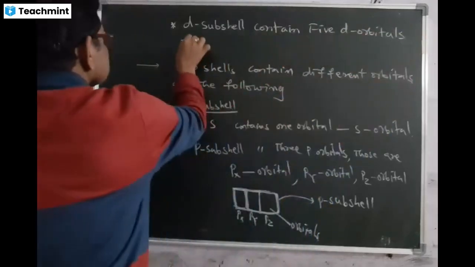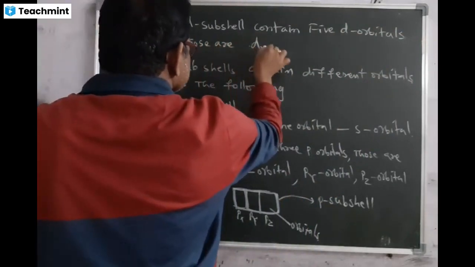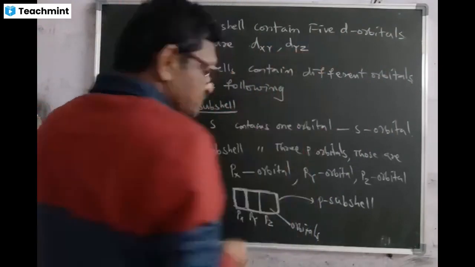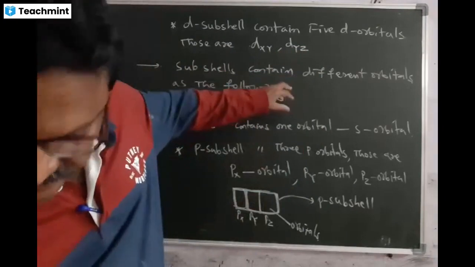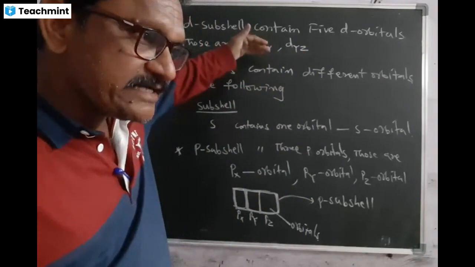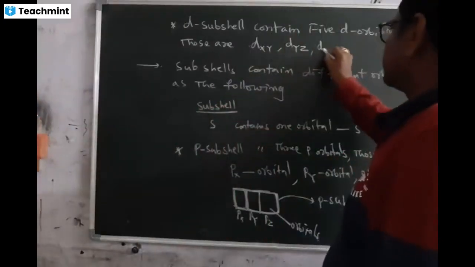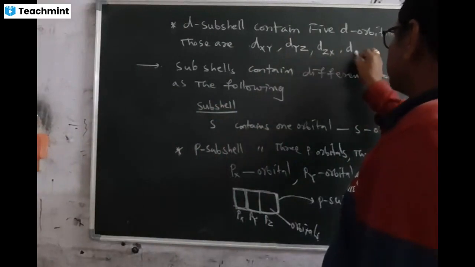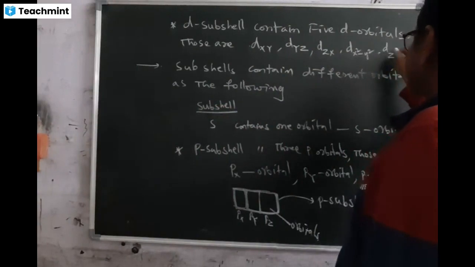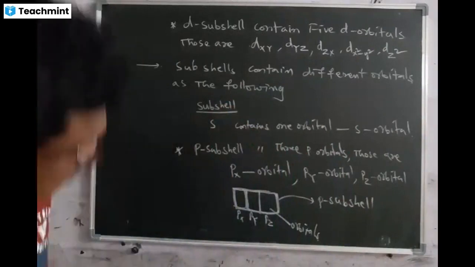Those are dxy, dyz, dzx, dx square minus y square, and dz square. While representing xy, yz, you can write them as a subscript at the bottom. So these are the 5 d orbitals present in the D subcell.